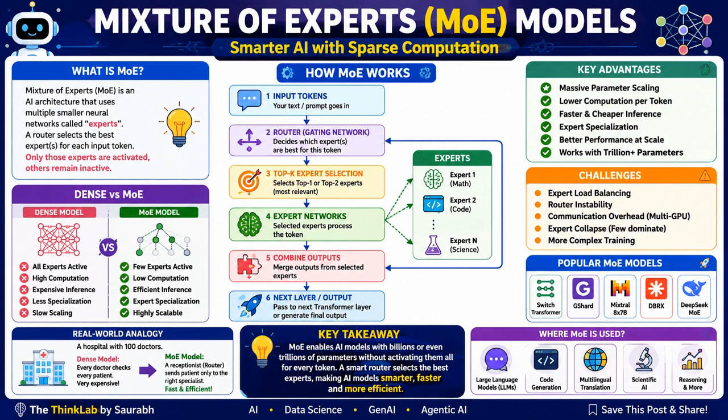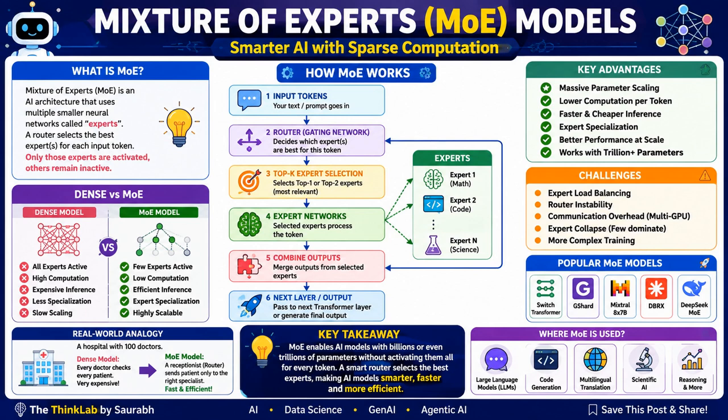If you check the challenges of MoE, it is not perfect, right? There are several engineering challenges in mixture of experts models. The first one is load balancing. If one expert receives most of the tokens, the other experts remain unused. The second one is expert collapse, where only a few experts dominate the training. The third one is communication overhead.